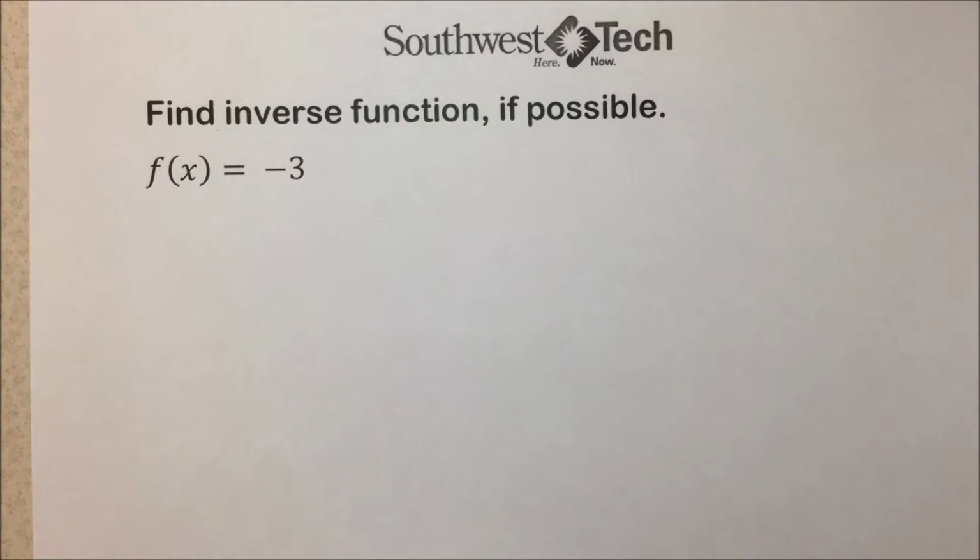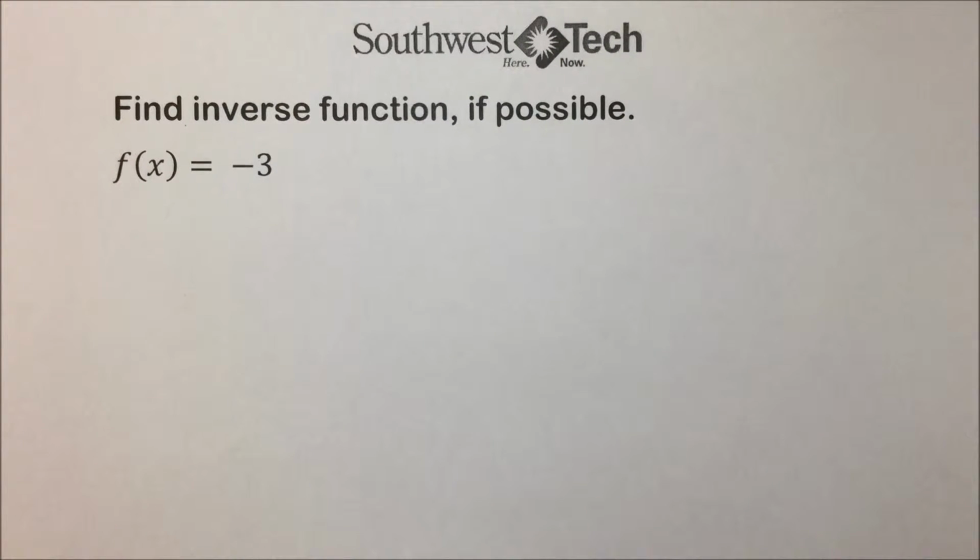They're asking us to find the inverse function, if possible, of the following. If we aren't certain whether a function is one-to-one, we can try to find a formula for its inverse. If it's possible to solve uniquely for y after x and y have been interchanged, then the function's one-to-one. So let's try that.